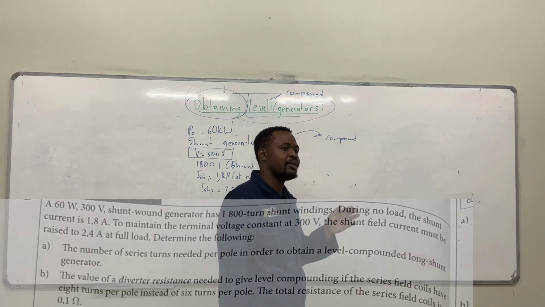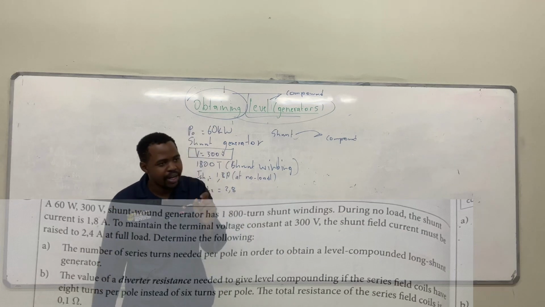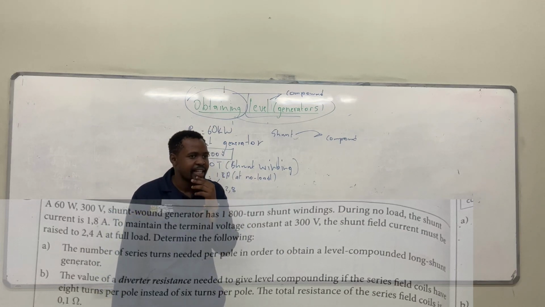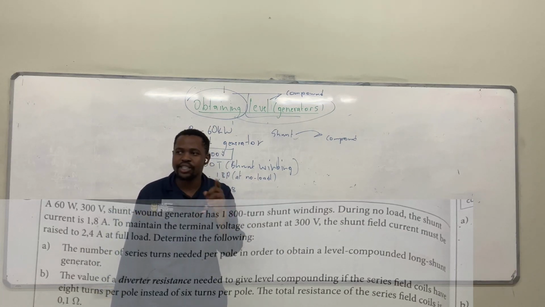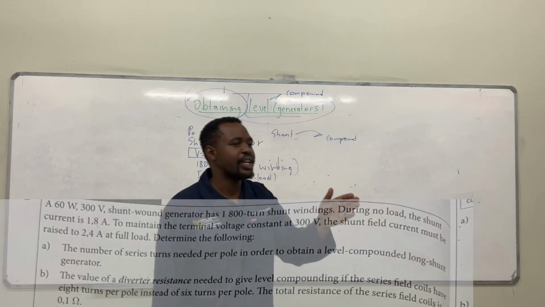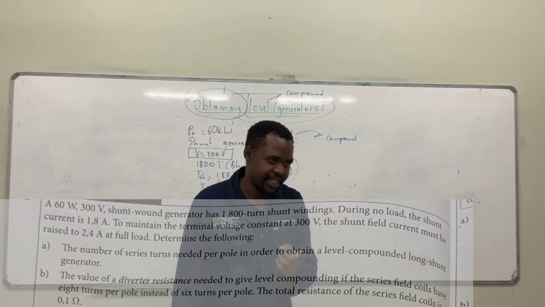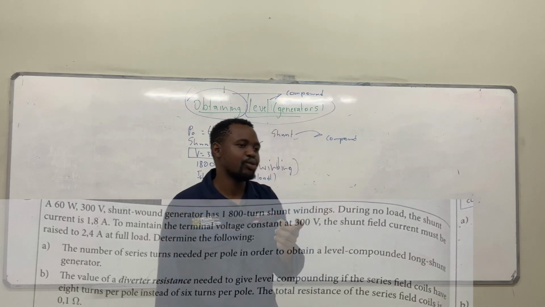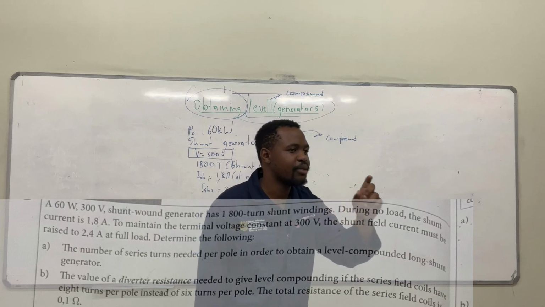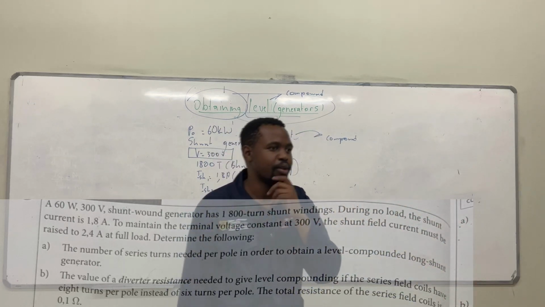Why are we converting it to a compound generator? It's because we found that the properties of a compound generator are advantageous. When it is level compounded, it produces a constant voltage at no load and at full load.